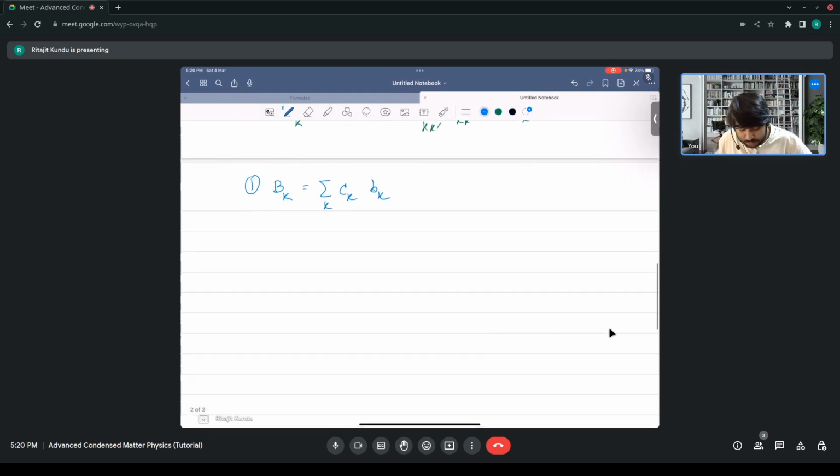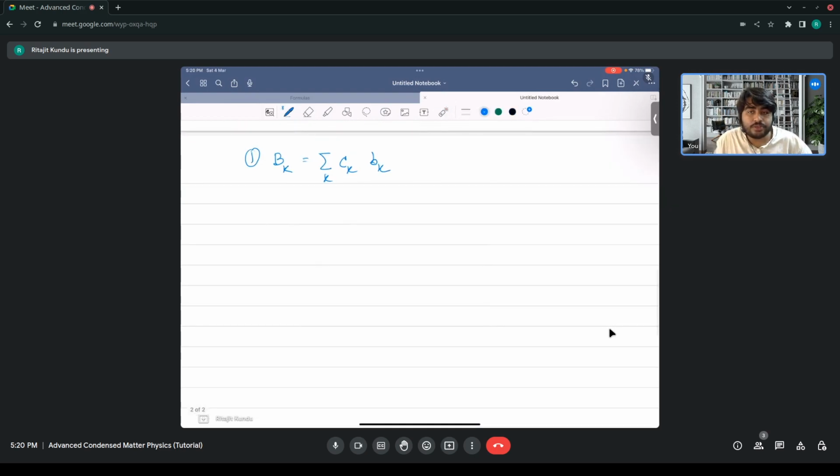To answer the question, we will try to derive all of the commutation relations, because bosons obey commutation relations. So I'll write something like this. First of all, I'll try to find the commutator of b_k and b_k'. Okay, so what is this?